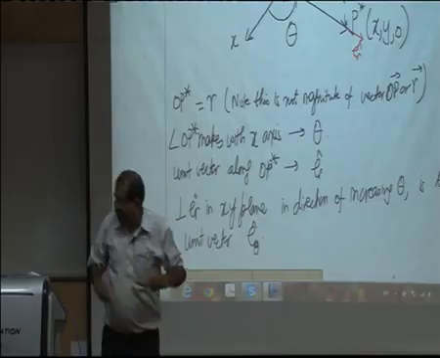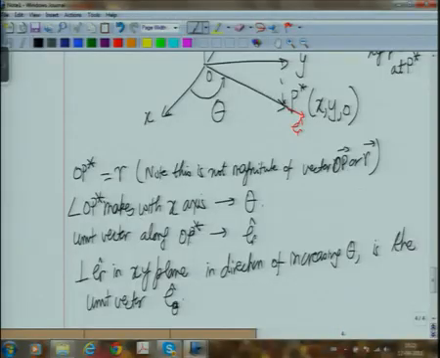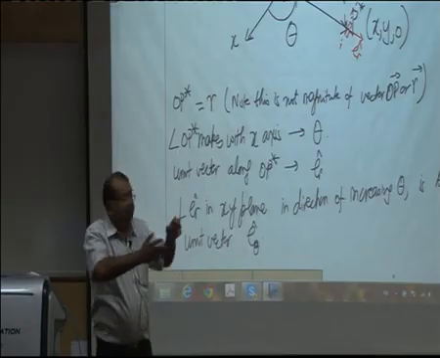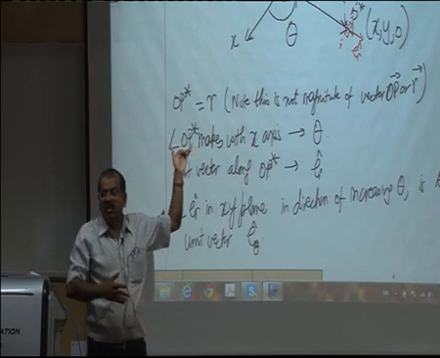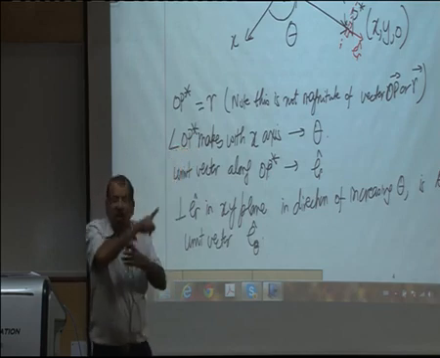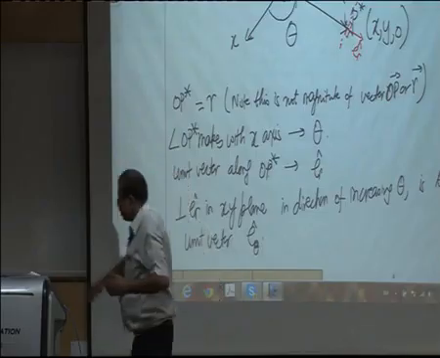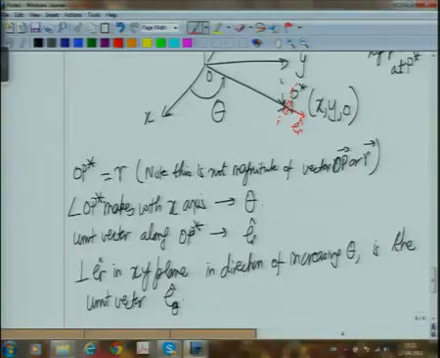Perpendicular to ER in this plane, there could be two directions, one going up, the other coming down. How do I choose the direction? In the direction of increasing theta. Increasing theta is up or down? Up. So I choose the up direction, and a unit vector here which is perpendicular to ER is what I term as E theta.